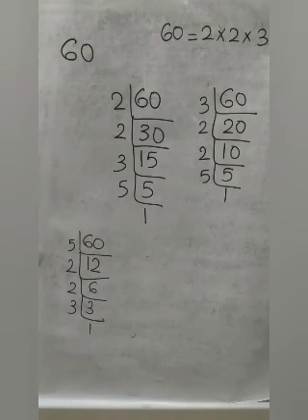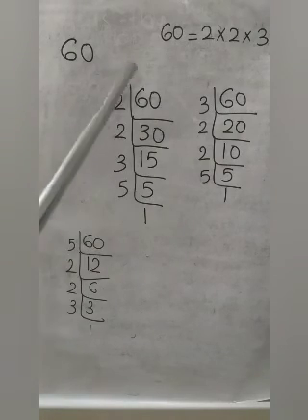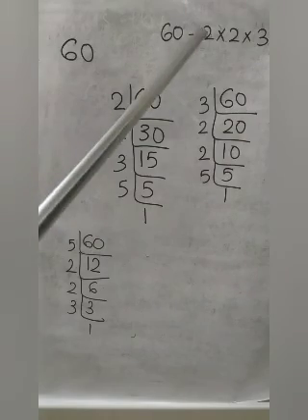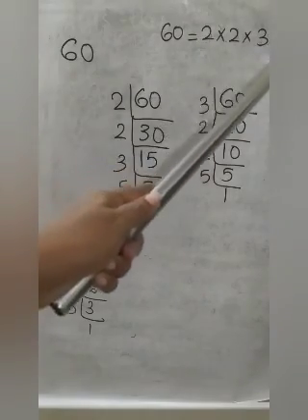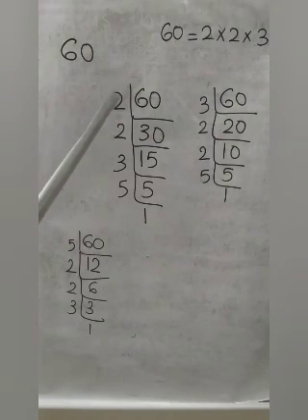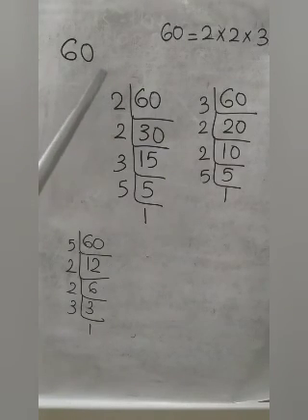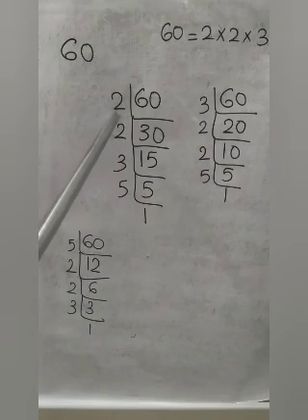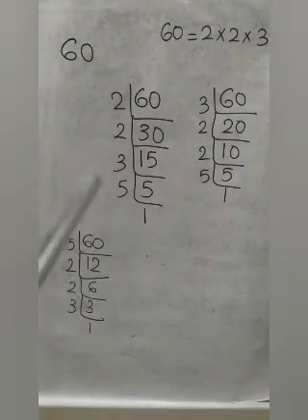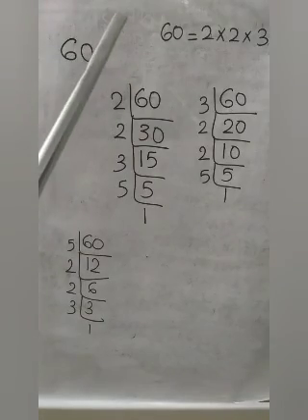The numbers are the same, just the order is different. So what is the prime factorization of 60? 2 into 2 into 3 into 5. So you can start with any number, but the only condition is that the number should be a factor. Here 2 is a factor, 3 is a factor, 5 is a factor. So with any of these numbers, you can start the division.